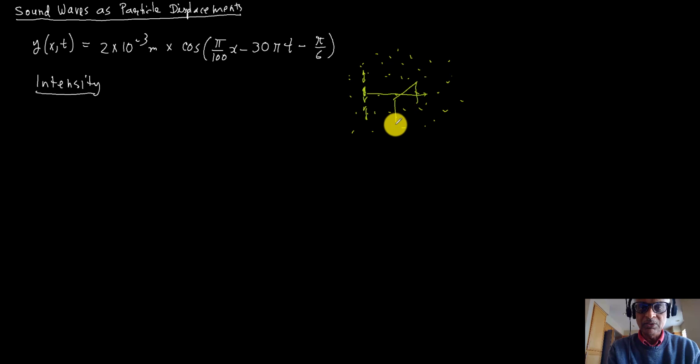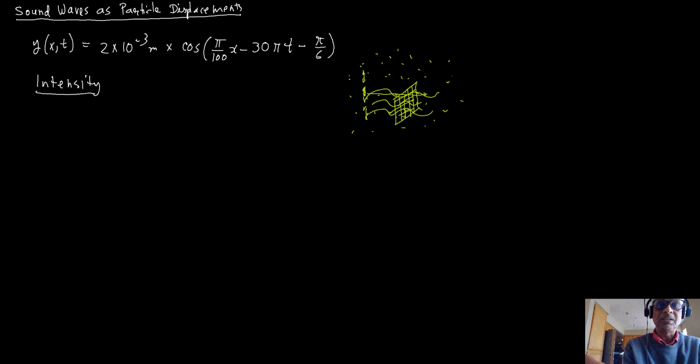Intensity is, if I take a unit area, so this area is 1, then how much energy is passing through per unit time? The wave particle is not passing, the energy is passing per unit time.